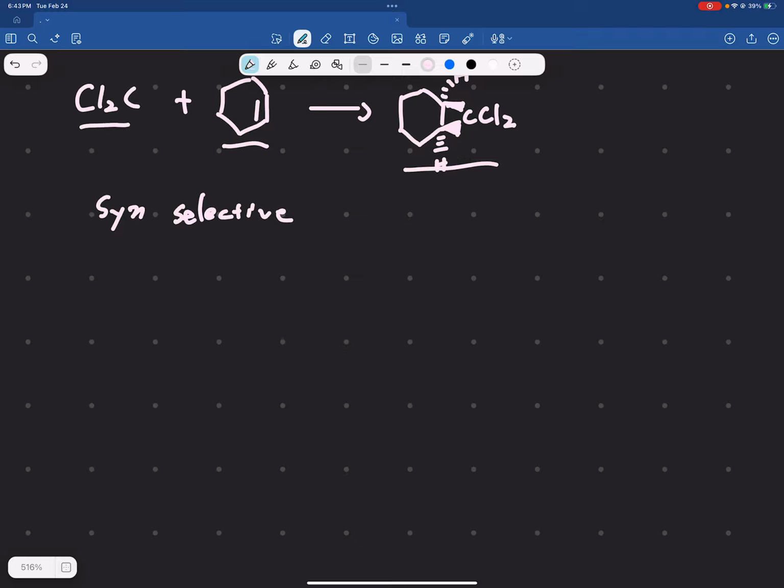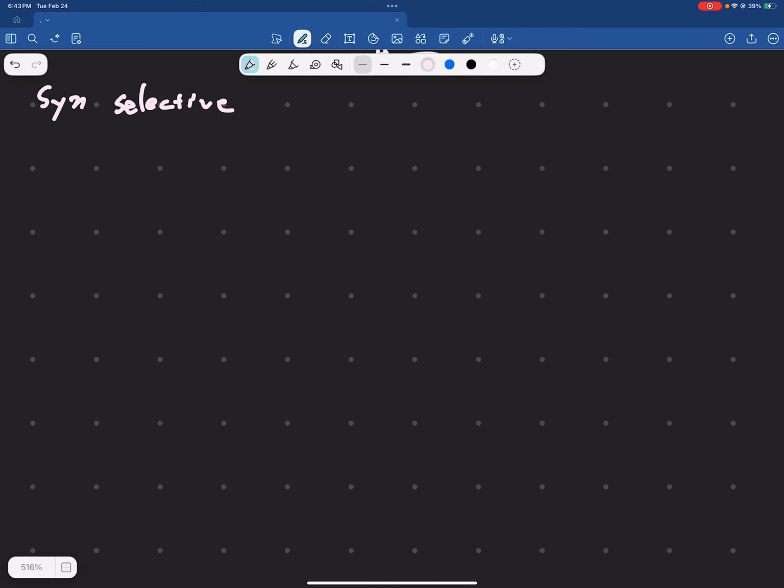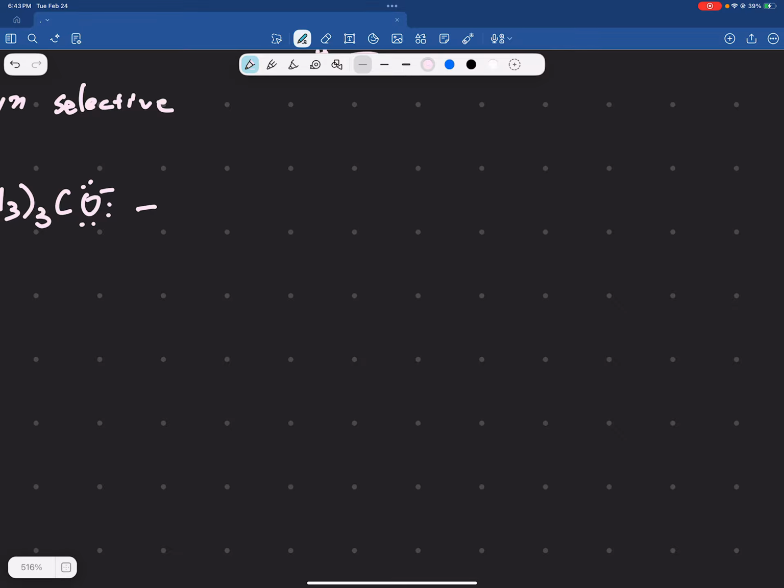Let's go through the formation of a dichlorocarbene and its reaction with a cyclohexene. The base is tert-butoxide. This tert-butoxide is going to take away this hydrogen from this chloroform.